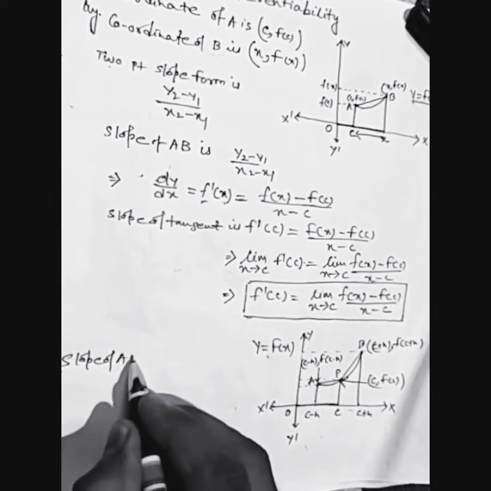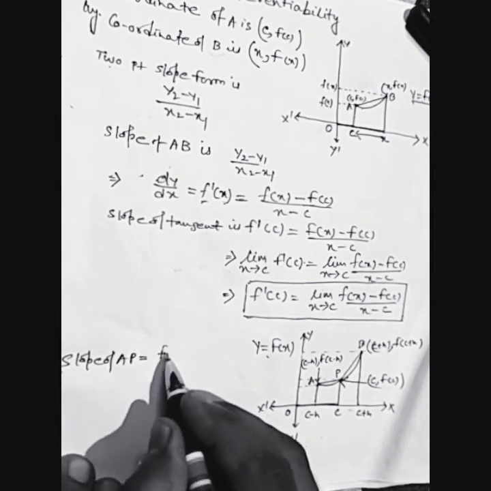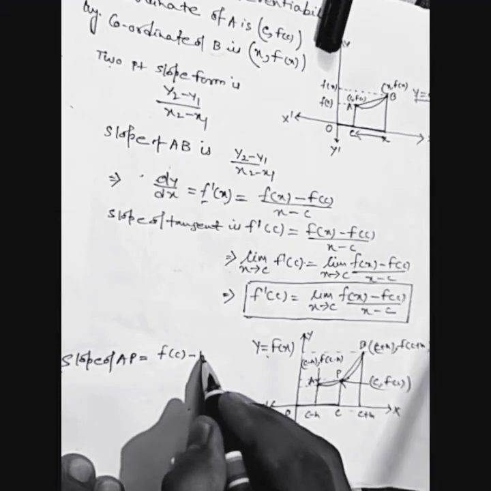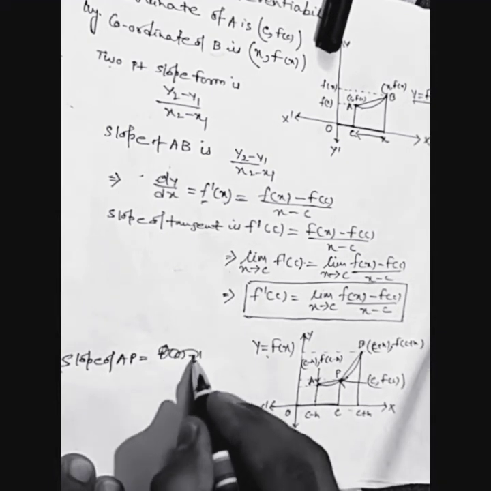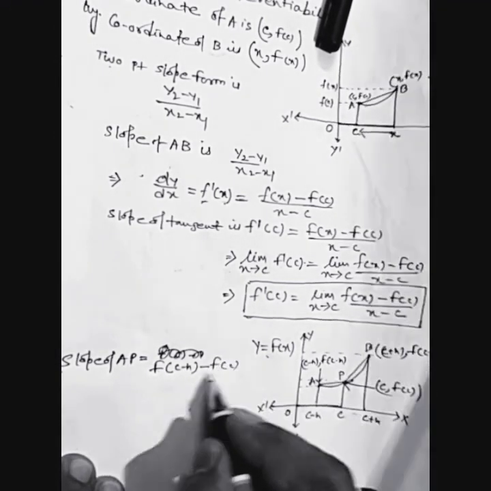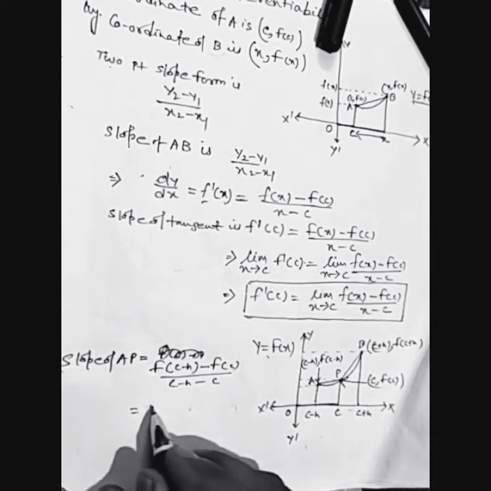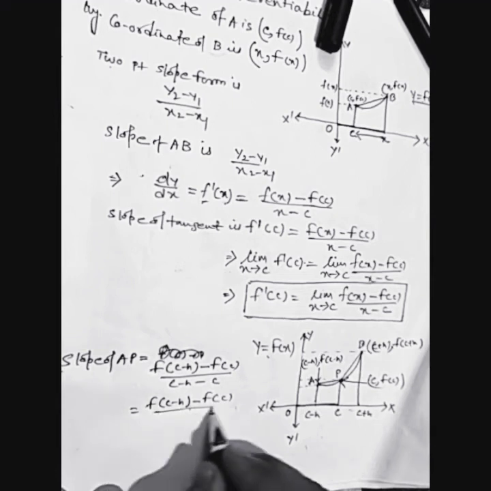Slope of AP equal, you can write like this also, f of C minus H minus f of C divided by C minus H minus C. So this will be equal to f of C minus H minus f of C divided by, C cancels, so we will get minus H.